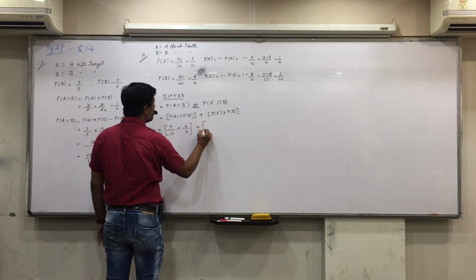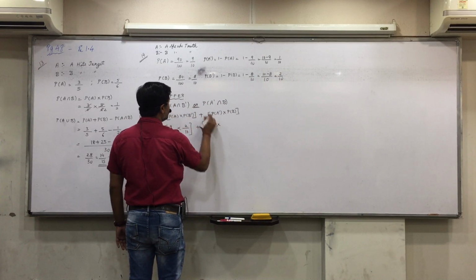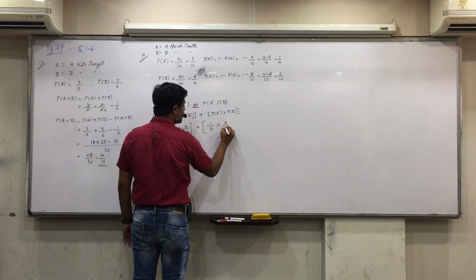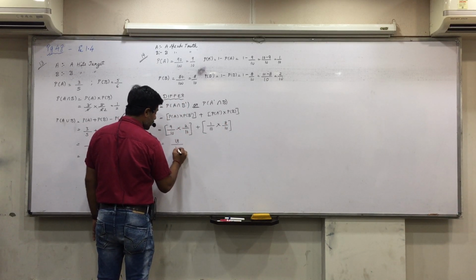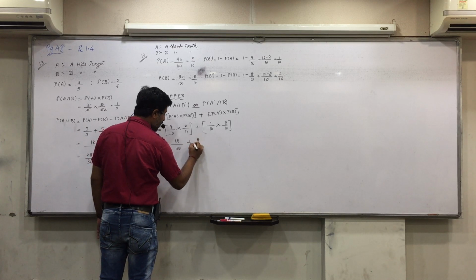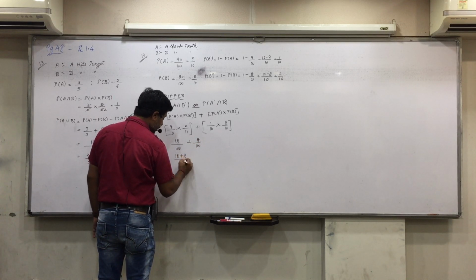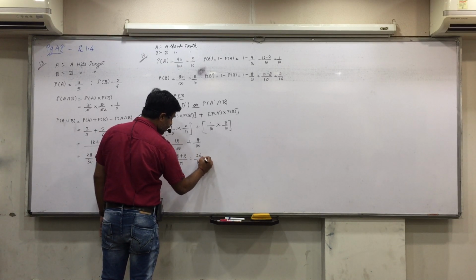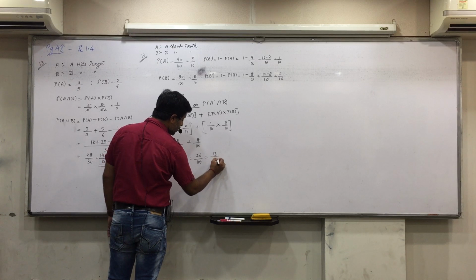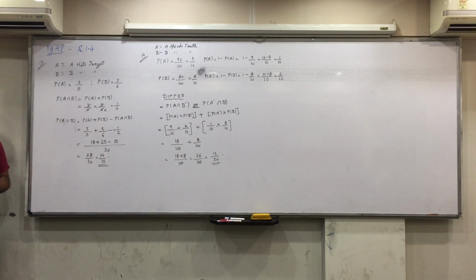Plus P(A not)? 1 by 10. P(B) 8 by 10. 18 by 100, 8 by 100. 18 plus 8 by 100, 26 by 100. 2 into 13, 2 into 50. 13 by 50. Did you understand this question or not?